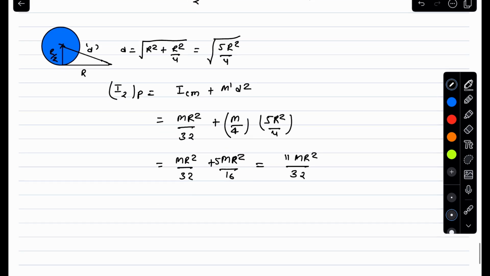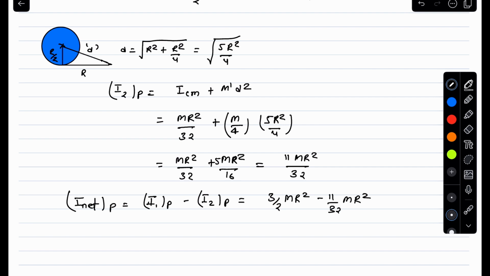Now the net moment of inertia of this complete rigid body about the point P is the moment of inertia of body 1 about the point P minus that of body 2 about the point P. That is 3 by 2 mr² minus 11 by 32 mr².